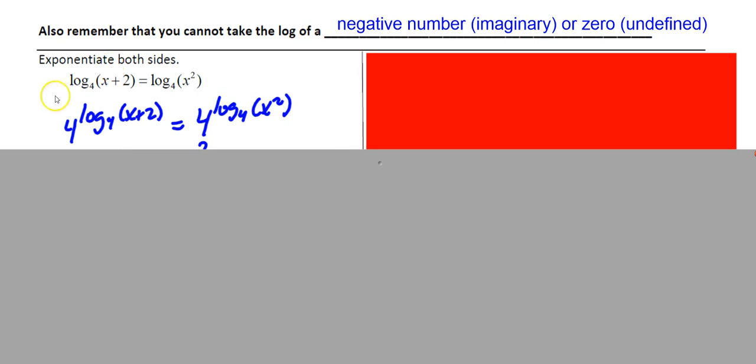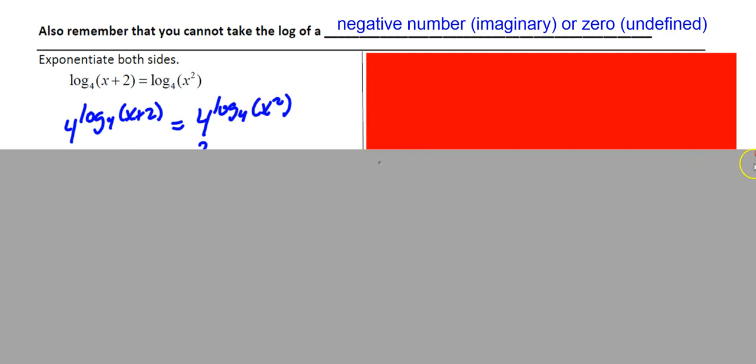That means we choose a base that matches the log base, and we use the two expressions on either side of the equation, whatever they happen to be, as exponents. Since the two bases are equal, and since the two expressions on either side of the equal sign are equal to each other, then these two expressions must be equal because they have equal exponents.